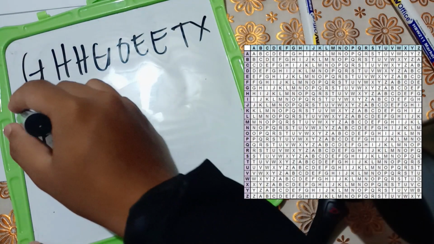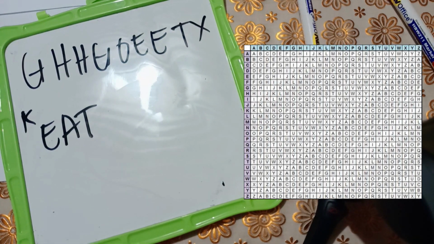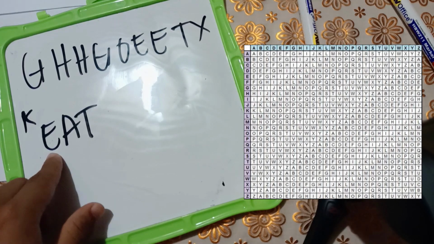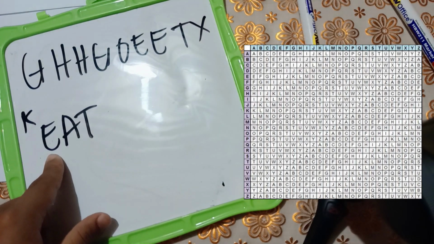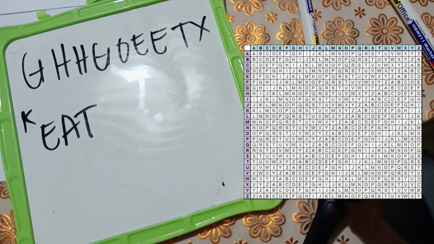Now, let's focus first on the keyword. First, let's find the keyword on the y-axis. So from the line of the keyword letter, find the encrypted letter, and look up on the top. So what is the letter?